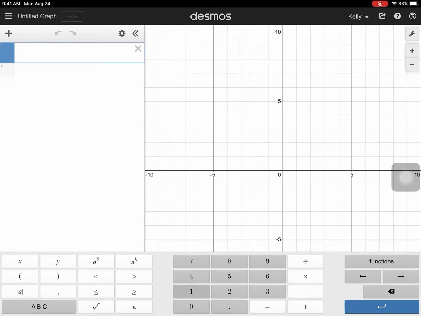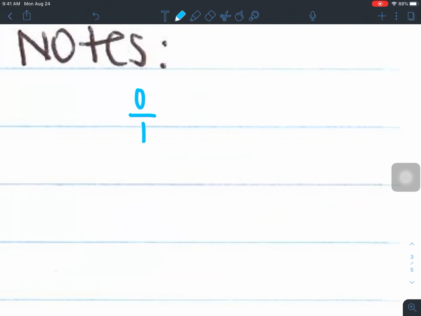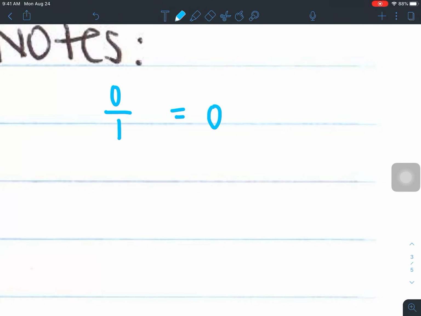Okay, so I have 0 divided by 8 equals 0. Let me go ahead and put on projector mode so you guys can see a little bit bigger. How about 0 divided by 15? What about 1,000? Doesn't matter, right? It doesn't matter what that number is on the bottom, so I'm going to use 1 for a placeholder because it's easy. If I have 0 divided by 1, it's going to give me 0.